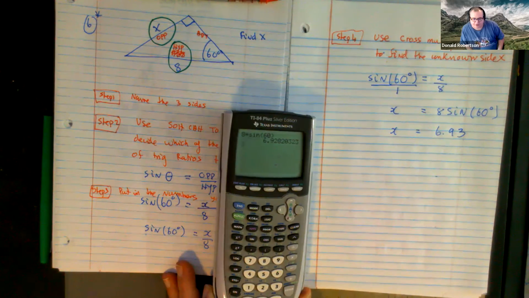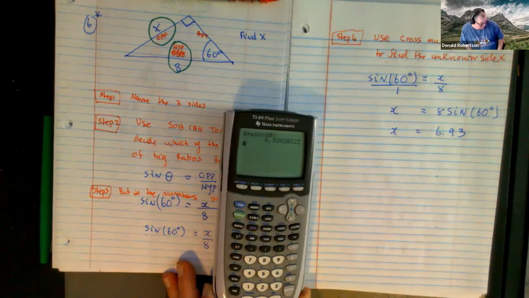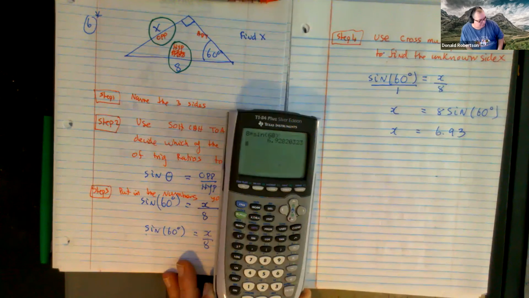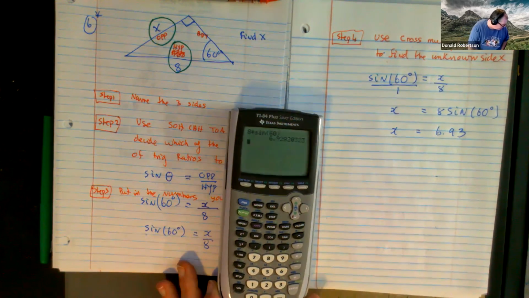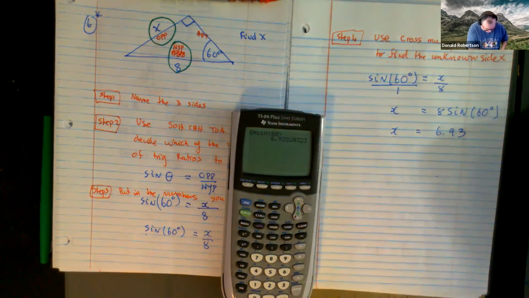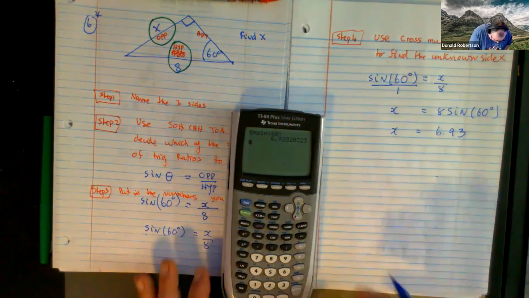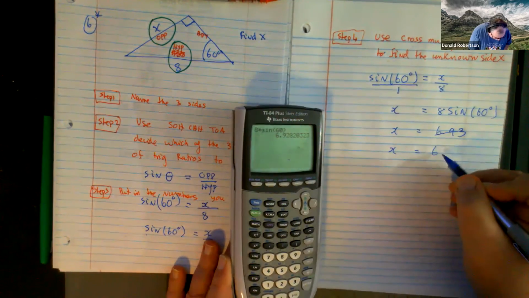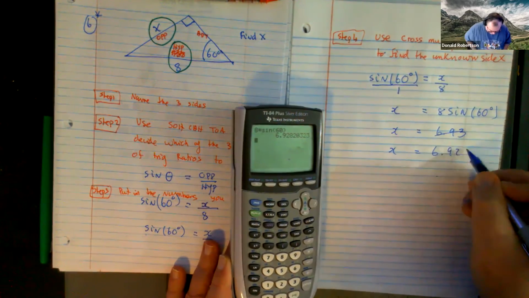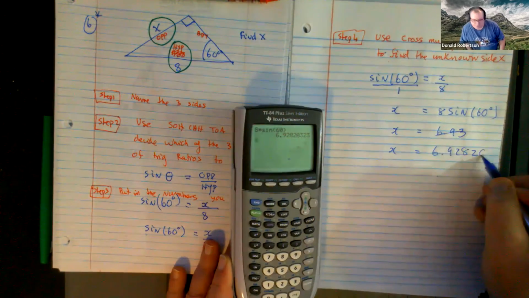Now, do you notice that that answer is a decimal? In many questions, probably all of them, that is totally fine. Oh, okay. It said to 5 decimal places, so redo that. 6.92820 would be the answer to 5 decimal places.